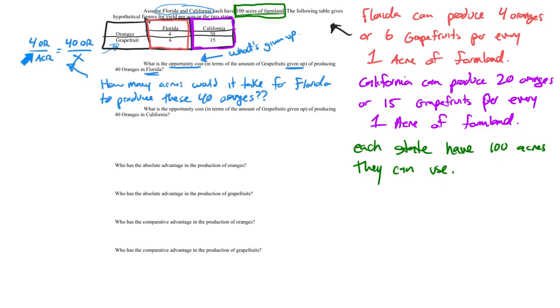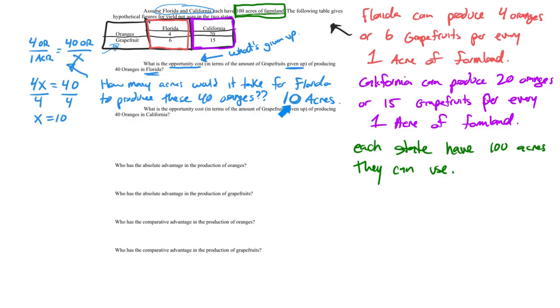We're just setting up a ratio. 4 to 1 is 40 to blank. I'm going to do the math out for this and then give you a shortcut that you can always use here. If I do cross multiplication, I would get 4x equal to 40. Divide both sides by 4. X is going to equal 10. So this means that the answer for how many acres they would be using up would be 10 acres.